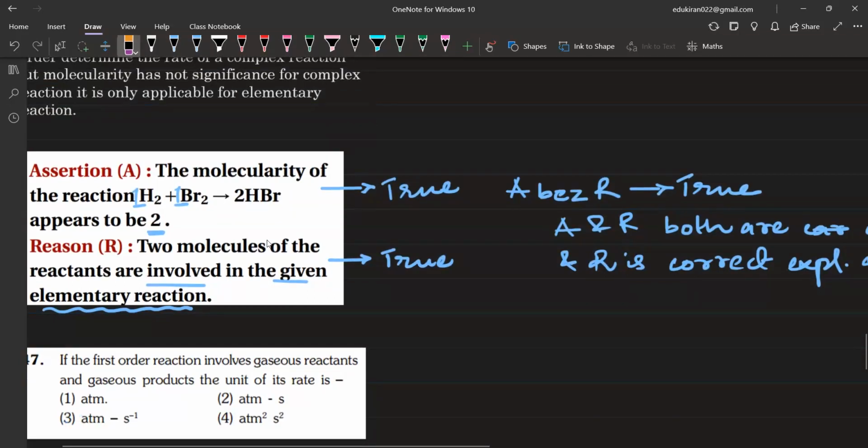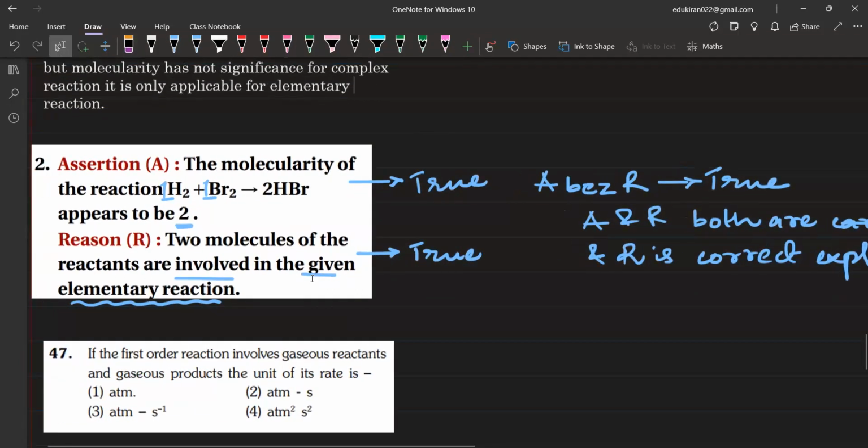So this is a question: if a first order reaction involves gaseous reactants and gaseous products, the unit of its rate is going to be atm second inverse? Right. For a first order reaction, rate is equal to K into, not the concentration but rather the pressure of A to the power 1.